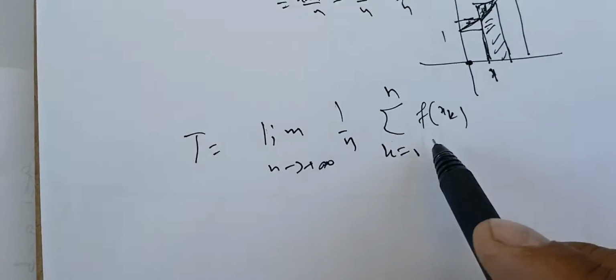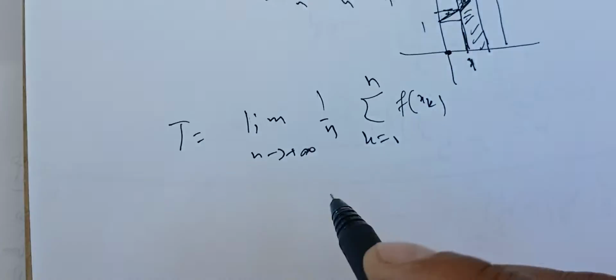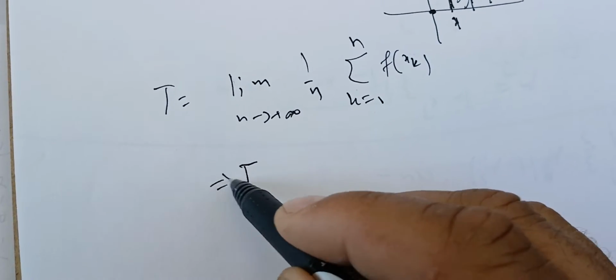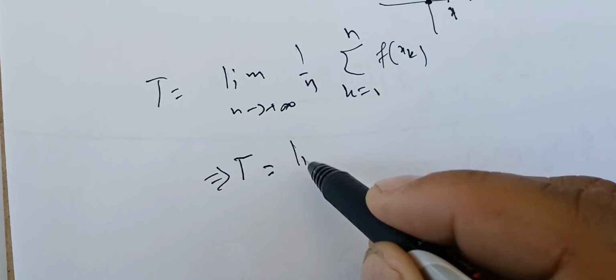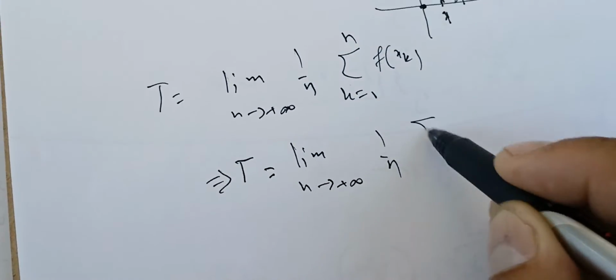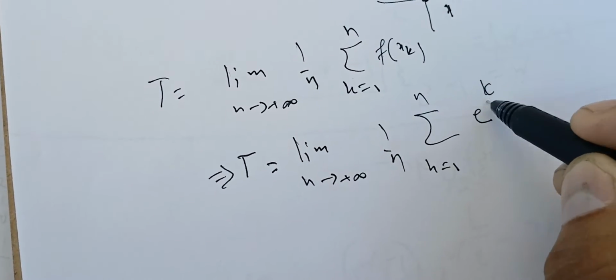We plug this into f, where f is the exponential of x. This implies that T is the limit as n goes to infinity of 1 over n, the sum from k equals 1 to n of e to the k over n.